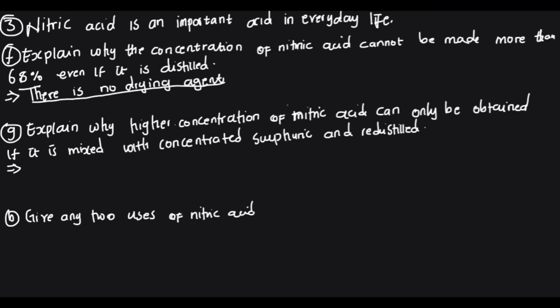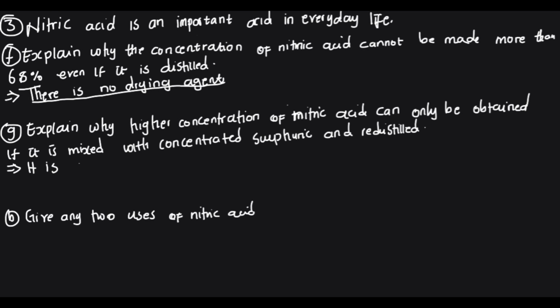Now explain why the high concentration of nitric acid can only be obtained if it is mixed with concentrated sulfuric acid. What is the importance of concentrated sulfuric acid? It is a strong dehydrating agent.